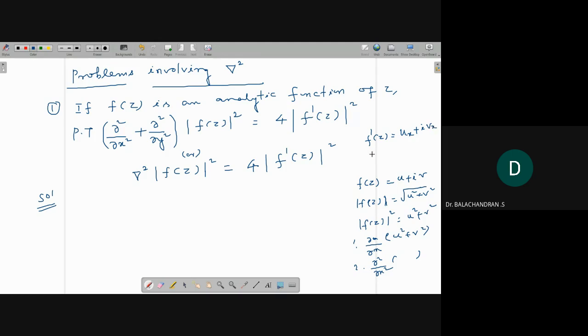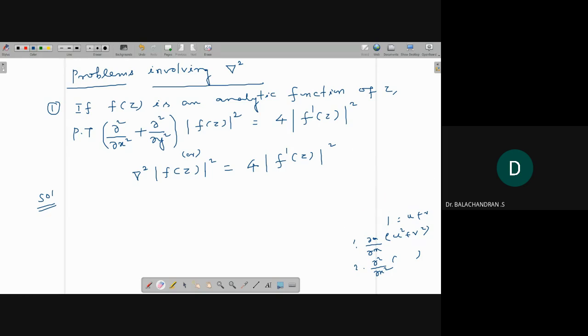So what is modulus of f dash of z? Root of ux square plus vx square. So you have square, which means the root is eliminated. So you have 4 times, and then you can check both of them are equal. That's all. Proof is over. So this is the idea of the proof.